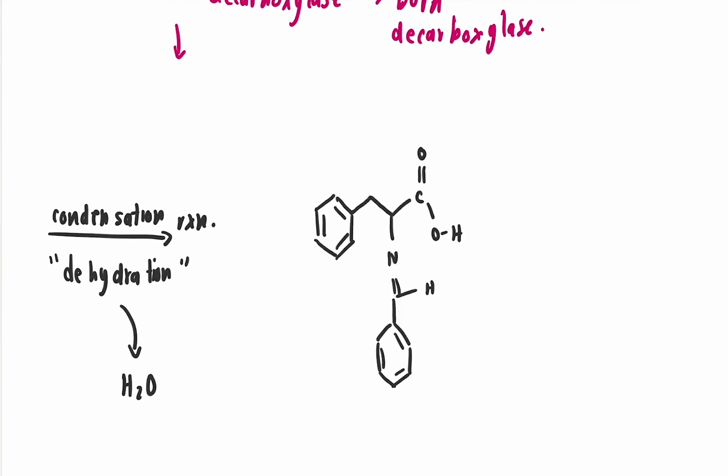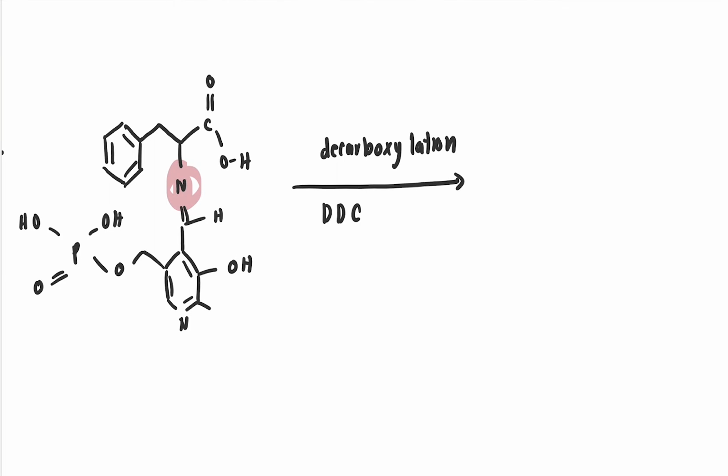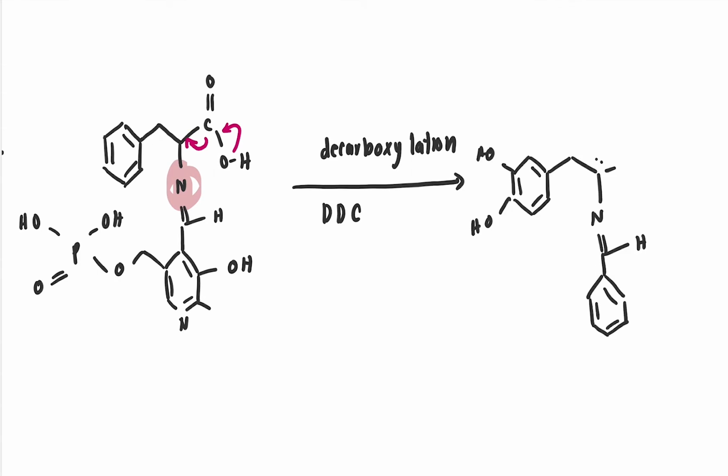So once this happens, this is when the decarboxylation can actually happen, and DDC catalyzes it. So there is transfer of electrons, which leads to eventually the carboxylic group getting released from the now formed compound. Also, with the decarboxylation, we now have a release of carbon dioxide and a hydrogen atom.